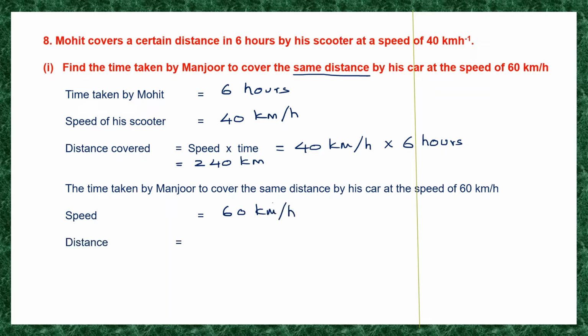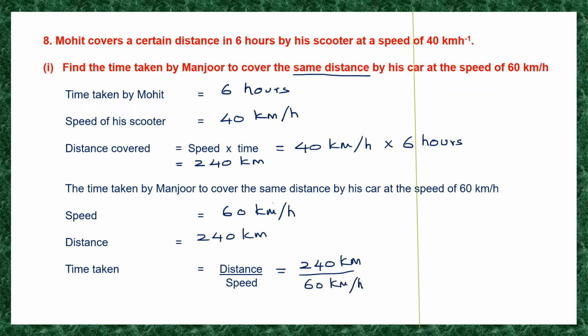Then distance we have found out to be 240 kilometers. Now what are we asked to find? The time taken, and the formula is distance by speed. So distance is 240 kilometers and the speed is 60 kilometers per hour. So we have to divide 240 by 60.